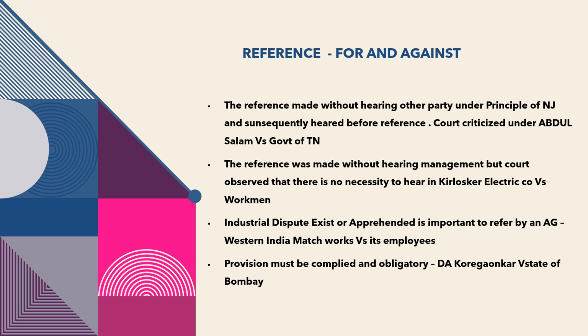If, on its own apprehension, the dispute exists or there is a need for reference, then it will refer the matter to the industrial tribunal or to the labor court.